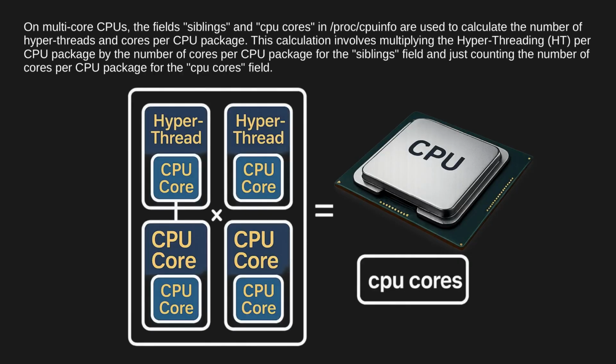On multi-core CPUs, the fields siblings and cpu cores in /proc/cpuinfo are used to calculate the number of hyperthreads and cores per CPU package. This calculation involves multiplying the hyperthreading, HT, per CPU package by the number of cores per CPU package for the siblings field, and just counting the number of cores per CPU package for the cpu cores field.